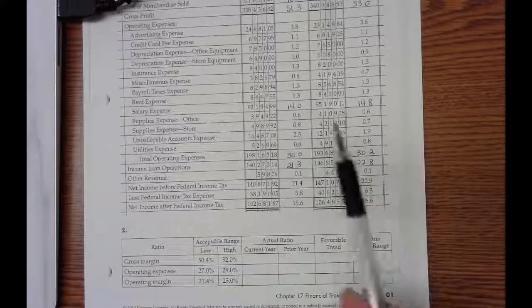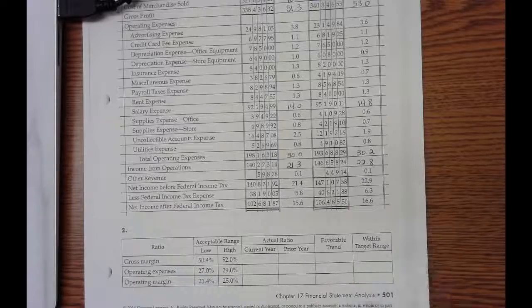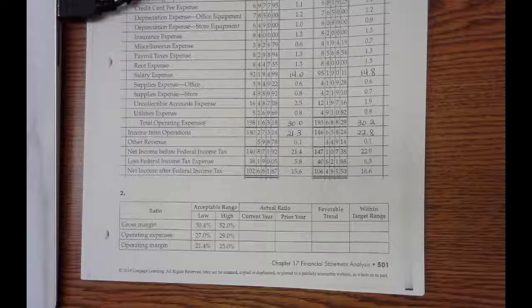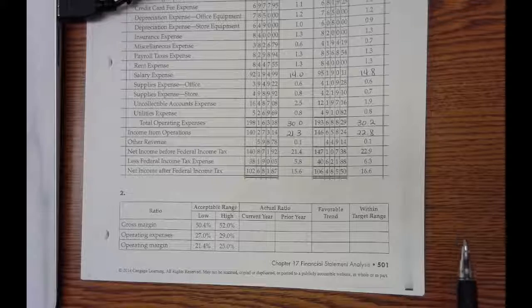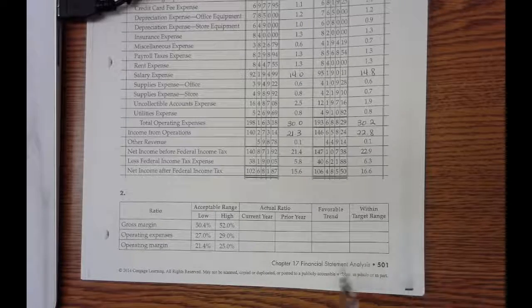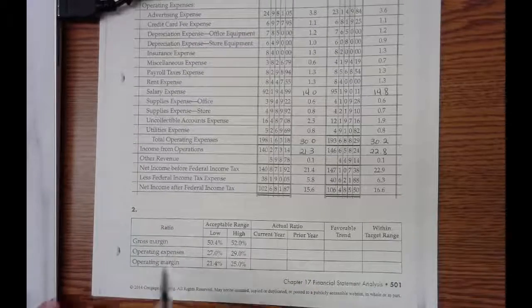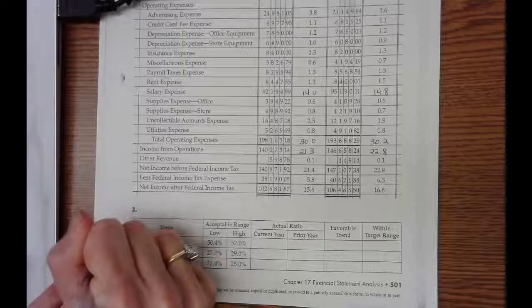So now that we have all of these percentages, we're going to come down to number 2, and it's asking us to compare selected vertical analysis ratios, identify whether each ratio indicates a favorable trend, and write management's target range. When we look at gross margin, here is another name for gross profit.